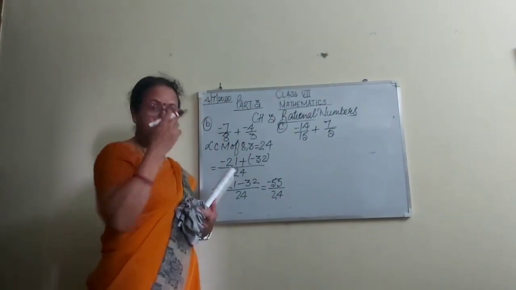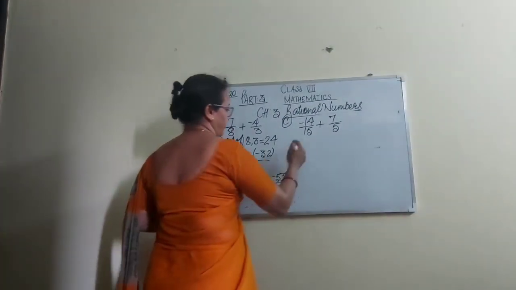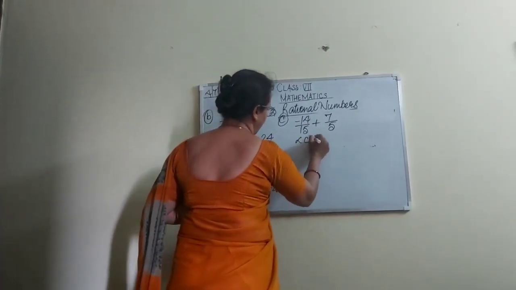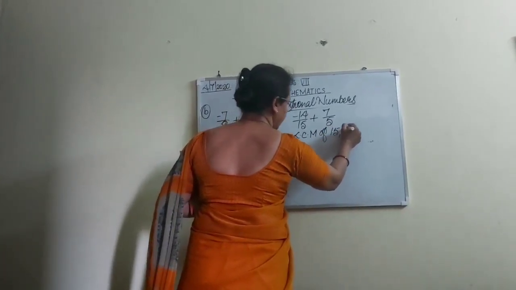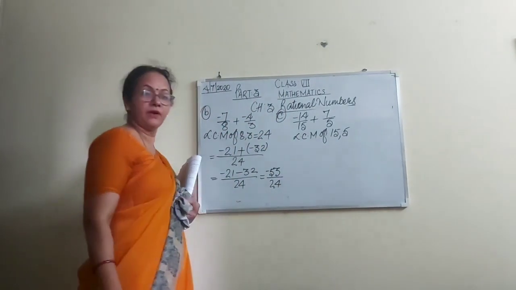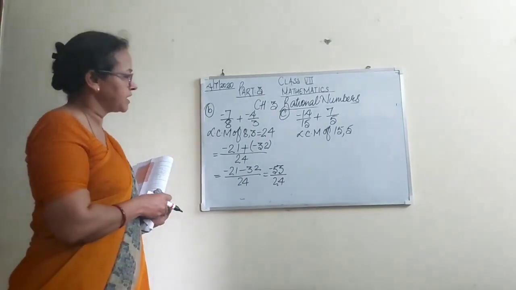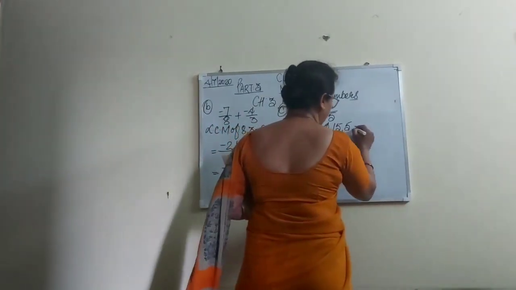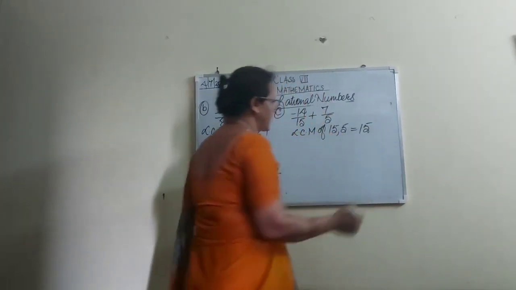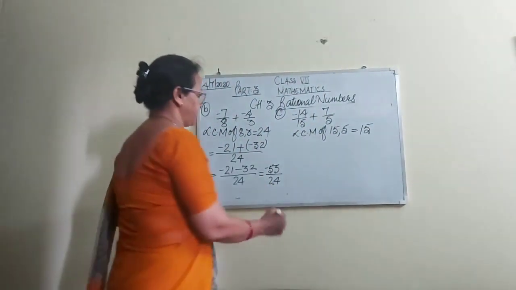Clear, friends? We have to take out the LCM. LCM of 15 and 5. 15 will lie in the table of 15 and also in the table of 5. So what will be the bigger number? This is 15. 15 will be the LCM.